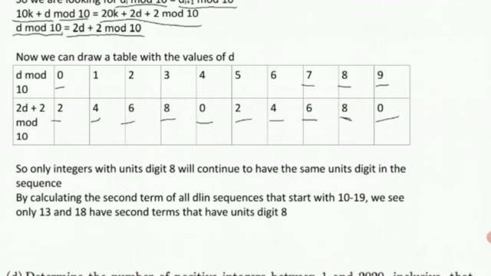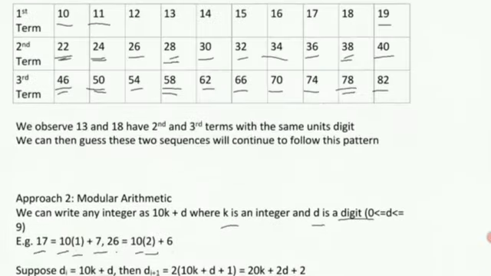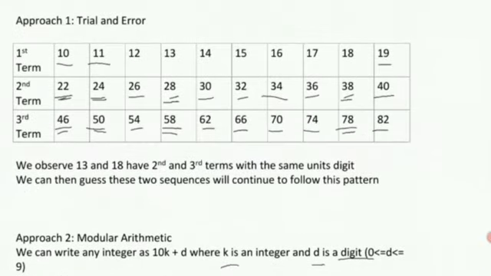Now, we can reuse our work from the first approach, which calculated all of our second terms here, and observe that for the second term to end in 8, we only have 28 and 38. Meaning that only the first terms of 13 and 18 will have such a sequence where the second term onwards will all have the same units digit going forward.